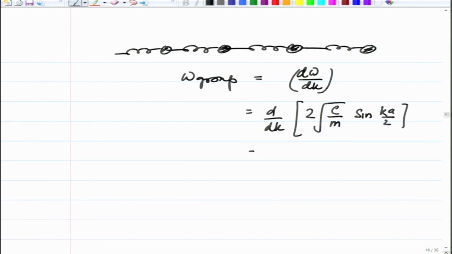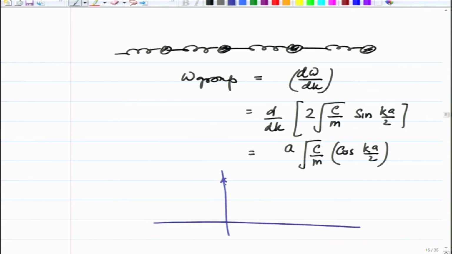So this becomes equal to a root c over m cosine of ka by 2. This is the group velocity, and if I plot it, it is maximum at k equal to 0 and then goes down like a cos curve and becomes 0 at pi by a, and the same thing on the other side, it becomes 0 at minus pi by a. So information in any lattice would travel with group velocity.